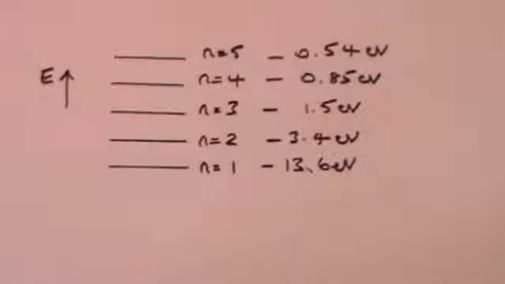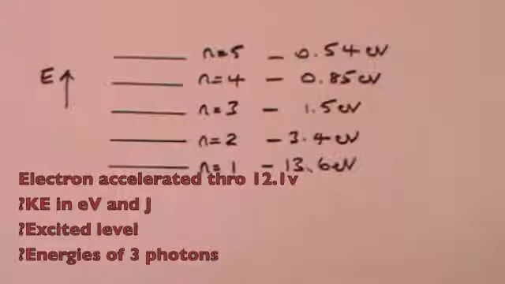Question 4. We're given this energy level diagram, obviously not to scale, for an atom, and we're told that an electron is accelerated through 12.1 volts. We're asked to find the kinetic energy of the electron both in eV and in joules.